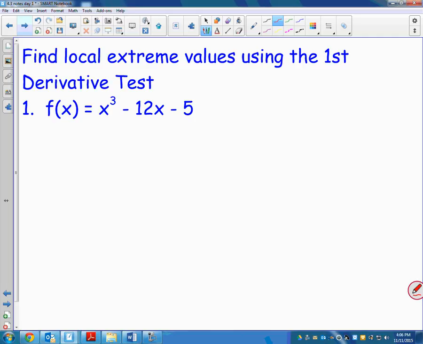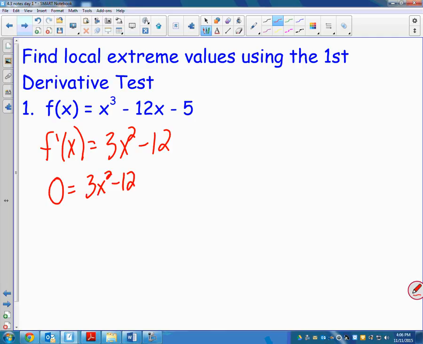Step 1, find my derivative. And I would get 3x squared minus 12. So 3x squared minus 12 equals 0. It's not undefined anywhere.